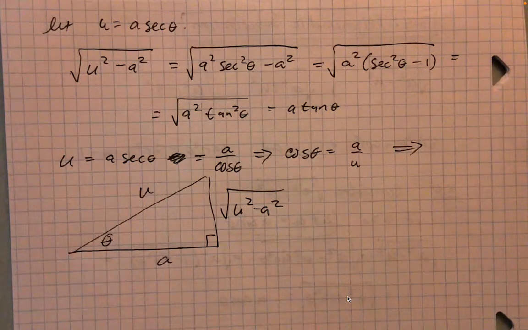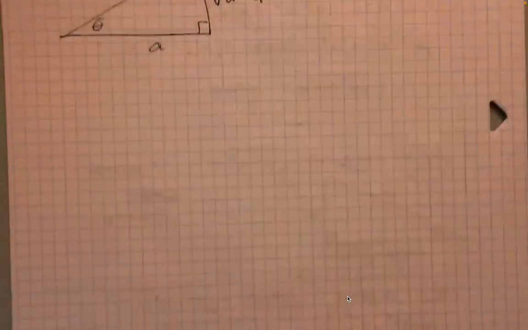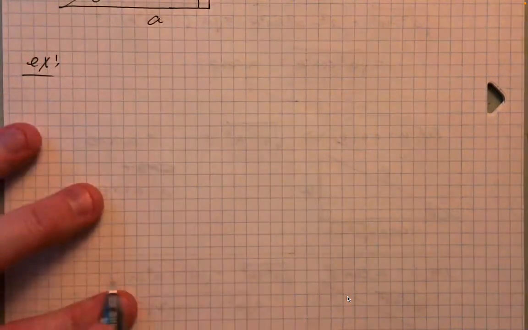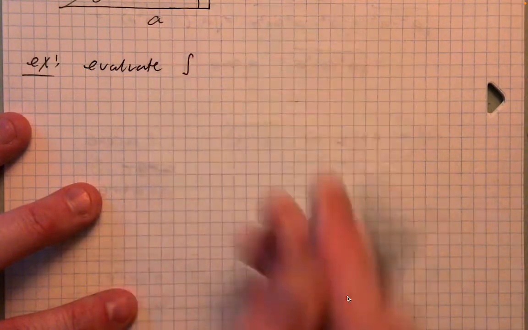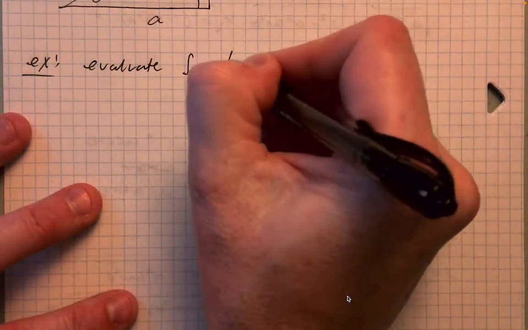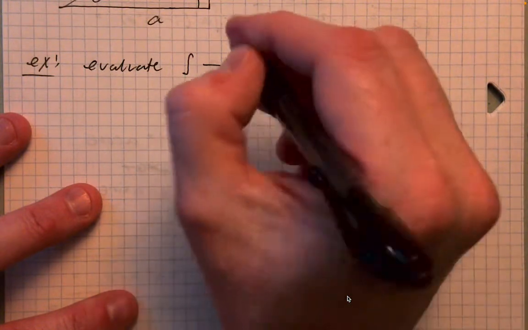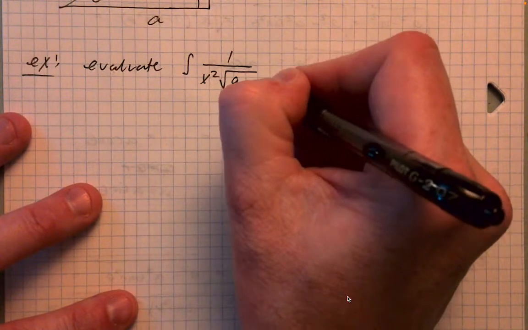That's the derivation. Right? So how can we use these guys? How does this come into play? Let's do an example where we make use of these. Let's evaluate the integral of 1 over x squared times the square root of 9 minus x squared.